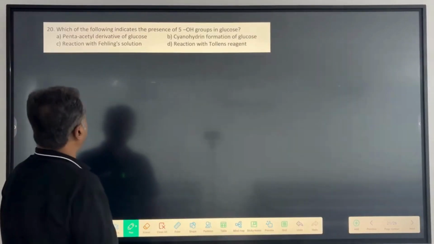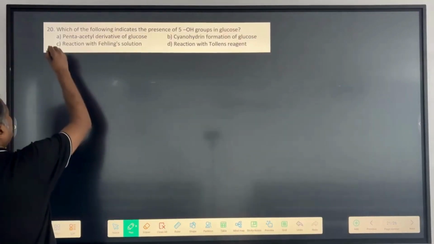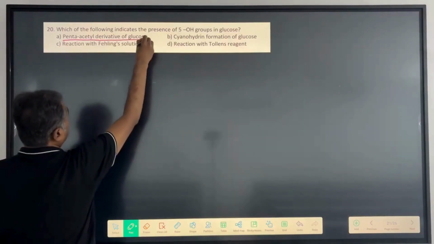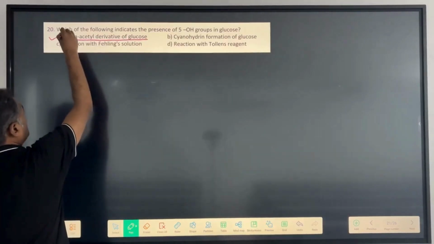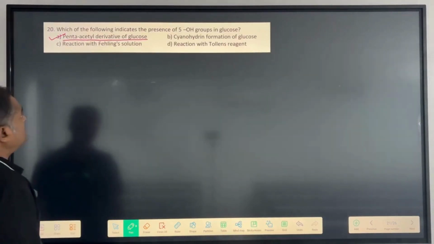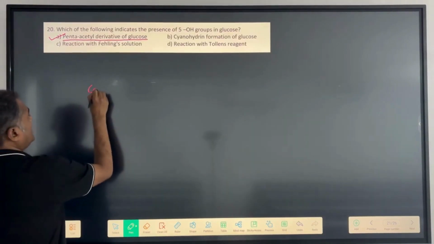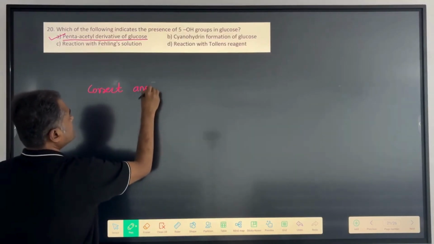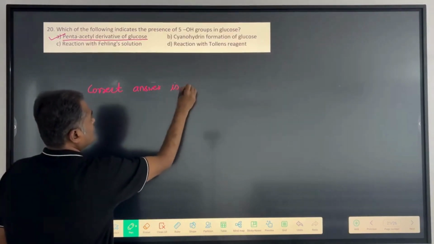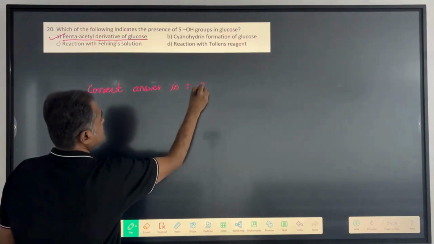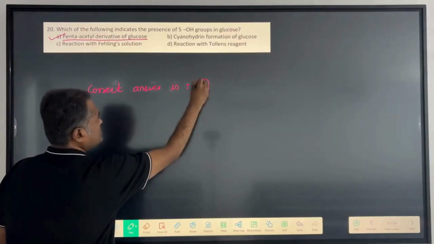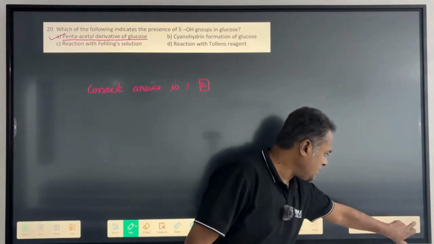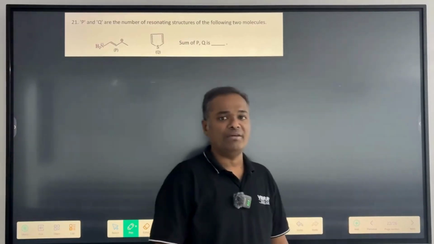Here, if you check, there is one option where you can see a pentaacetyl derivative of glucose, and this is the most common reaction. So the correct answer for this MCQ is A. I hope this is clear, child.